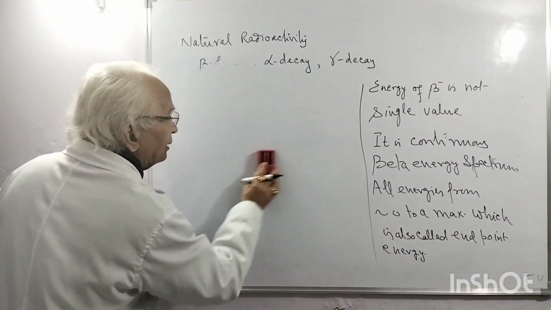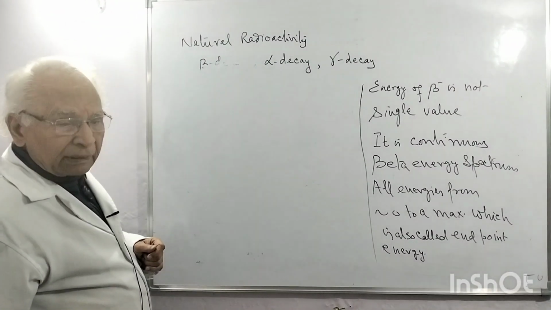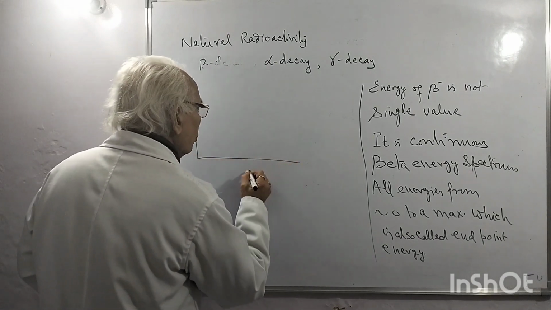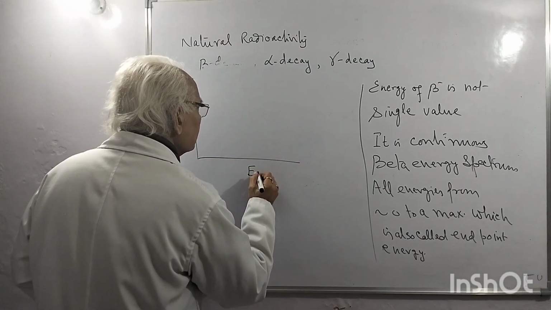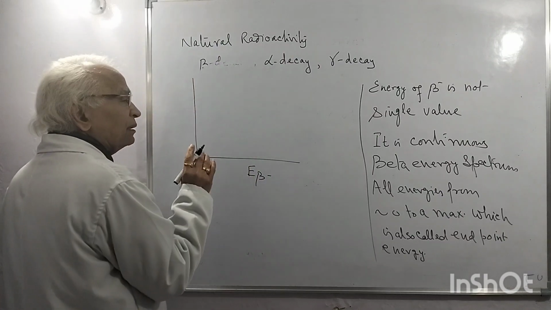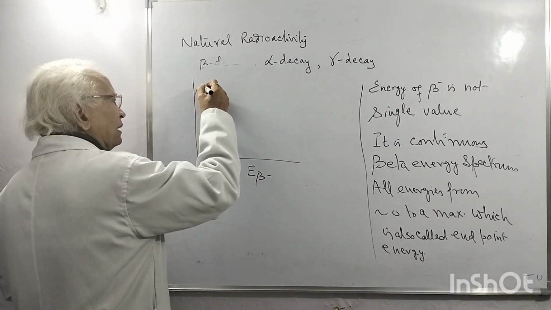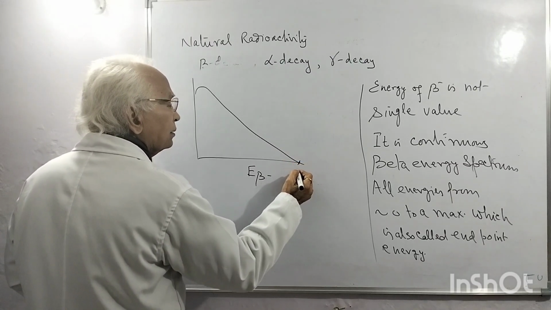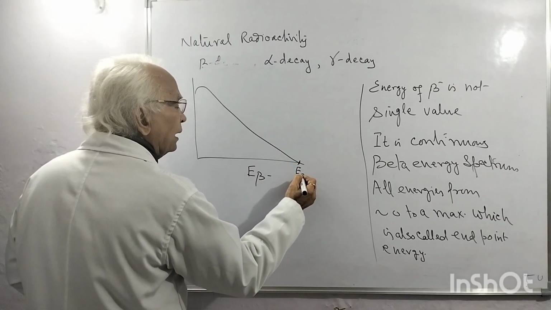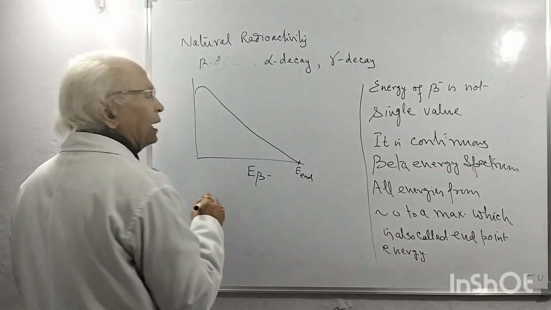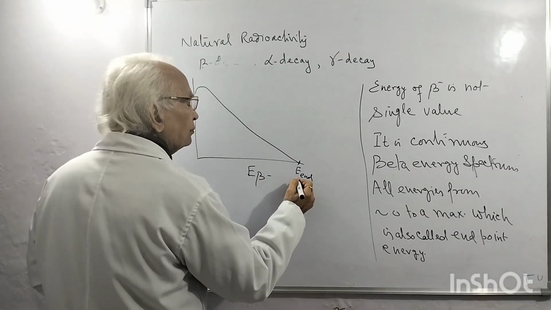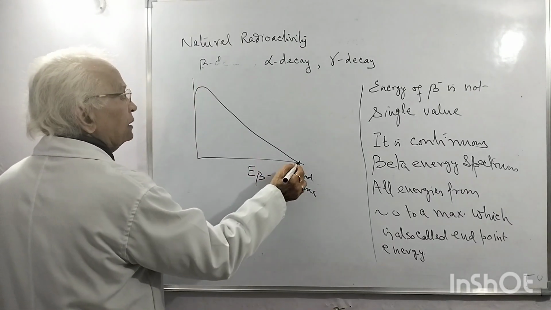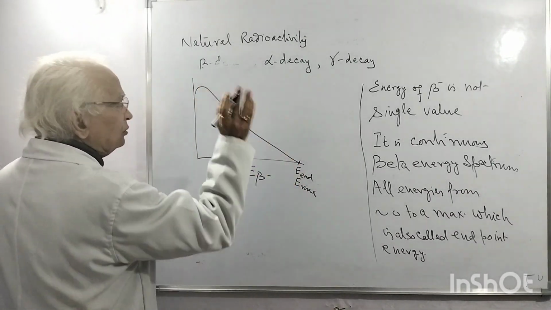This means that our beta particles have an energy spectrum. We have E beta, and the spectrum looks like this. This is E endpoint or E maximum. So this is a continuous spectrum.